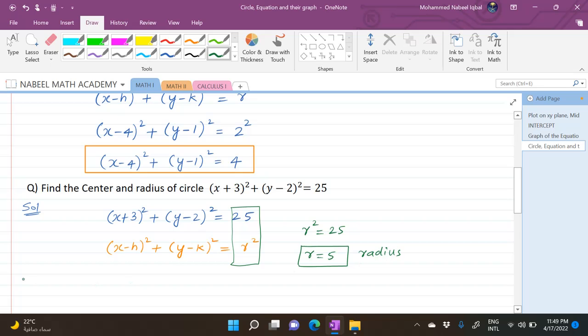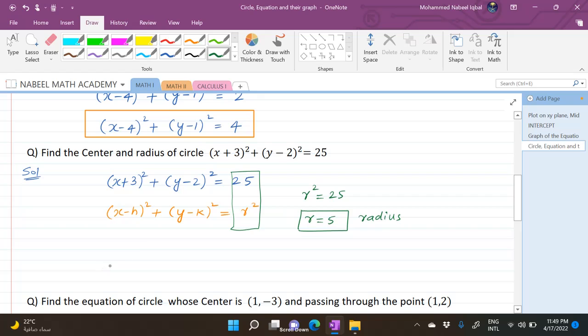This is finished. Now one more thing I have to find, that is the center. So what is the center here? The h and k. The k value is clearly 2, but for h, I can write this plus as minus of minus, because in the formula I need the minus. That's why you calculate h and k as the center, h comma k.